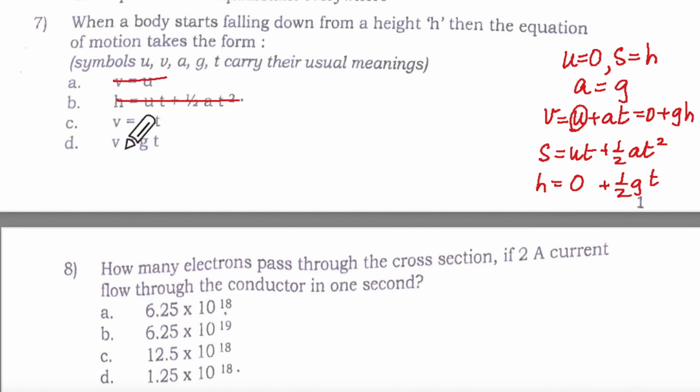Not this. v is equal to at. Isn't this the correct one? See here. Oh sorry, here this should be t. a becomes g, this should be gt. Okay, so this is the correct one.